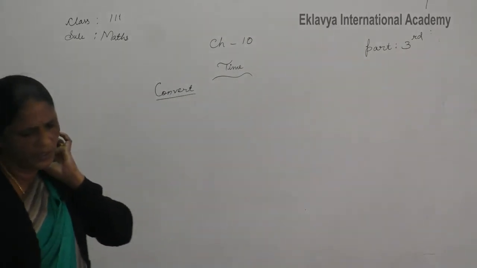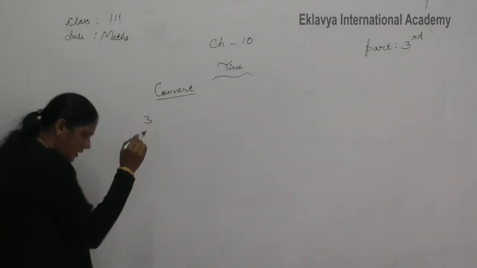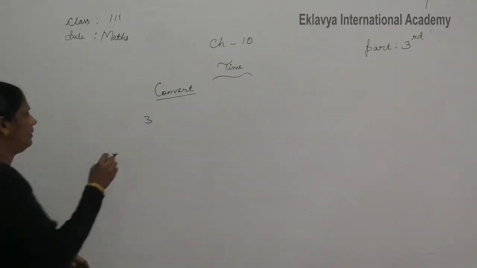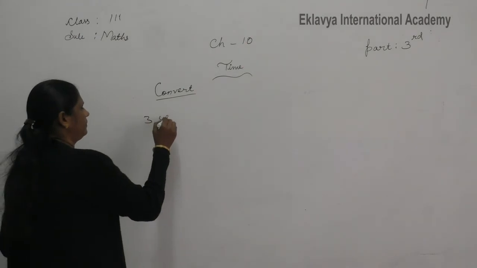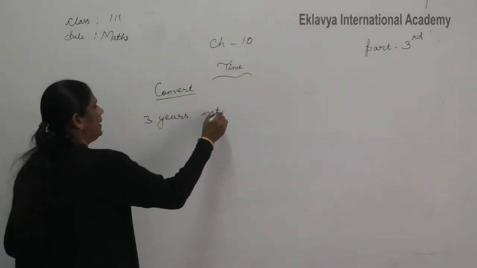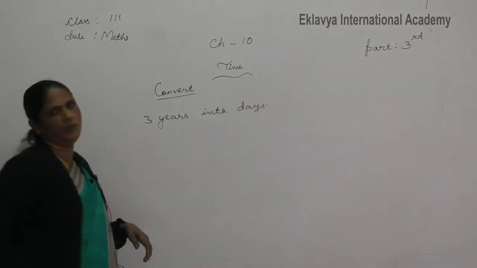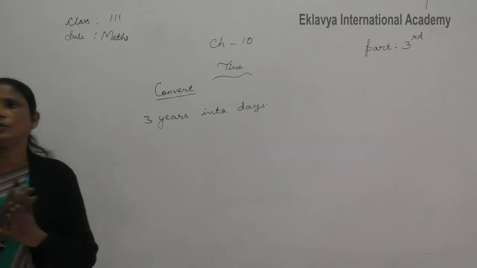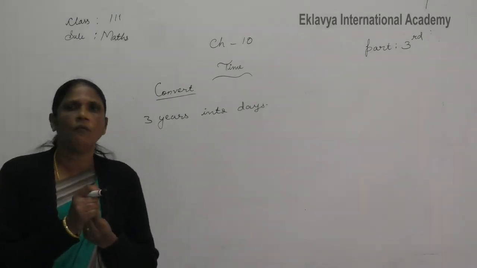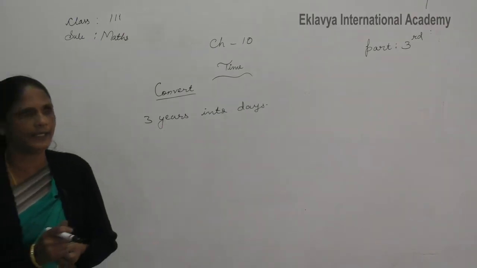Then year into days: 3 years into days. 1 year is equal to, in the ordinary way, 365 days.